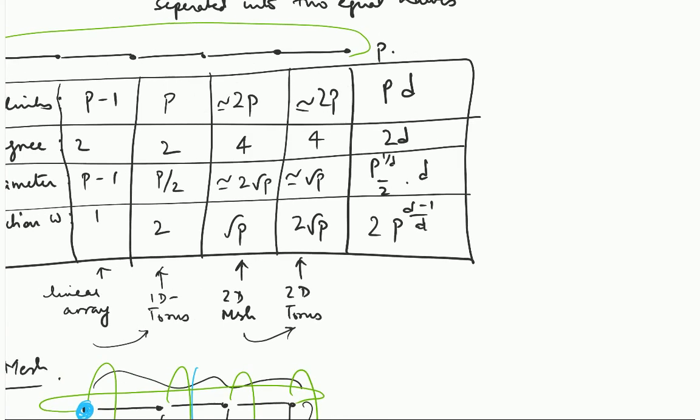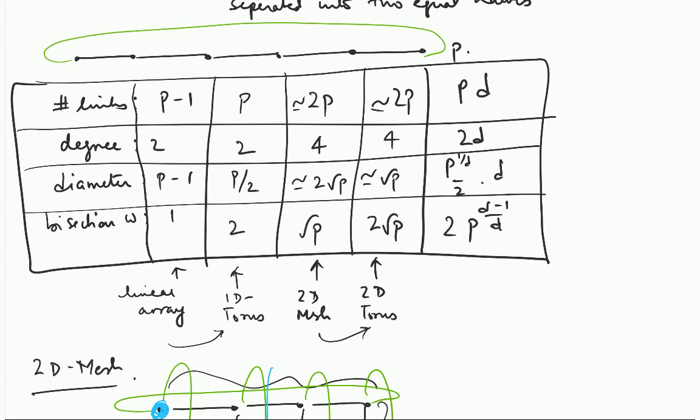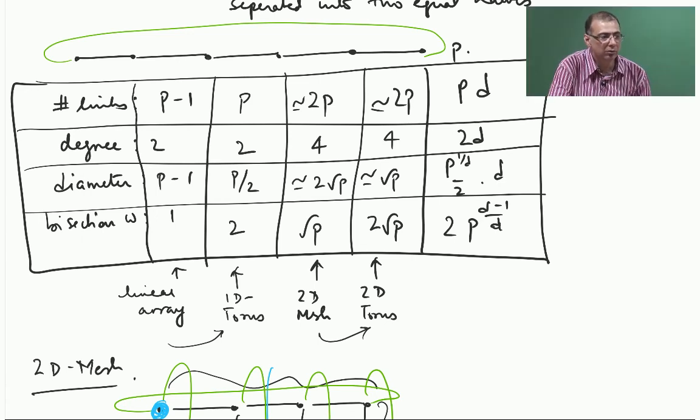Okay, compare it to the other networks. Now the number of links, you have to make a trade-off somewhere. The number of links is still a factor p, right? So you can choose your d. You want to go 4 dimensions, 5 dimensions, it's really up to you. So 5D torus people have built. Degree not too bad, 2 times d, handleable. Even if you have a 5D torus, you just have 10 links going out, not too bad. Diameter, not too bad.